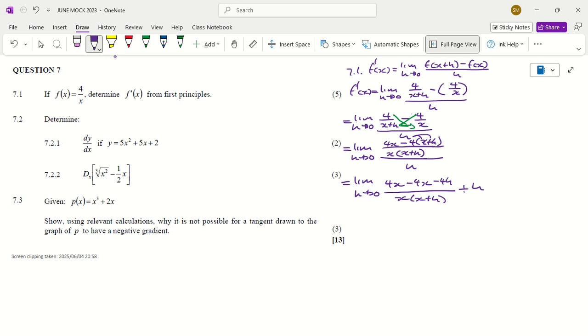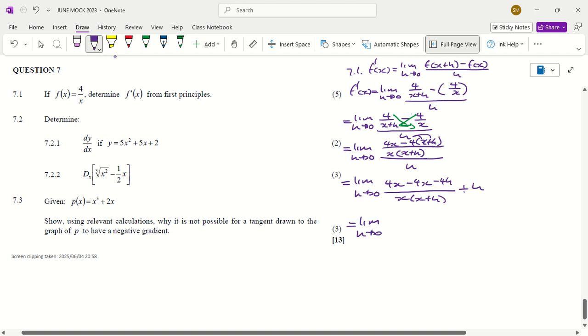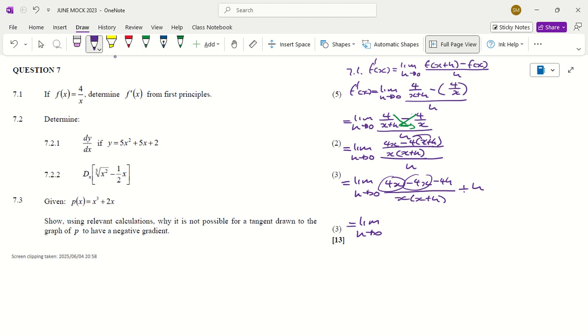So I don't want to simplify my numerator because it might cancel out, or my denominator, so I don't want to rush things. But now the limit as h approaches 0 is equal to this: the 4x and this 4x cancel out, so I will be left with negative 4h over x squared plus hx.